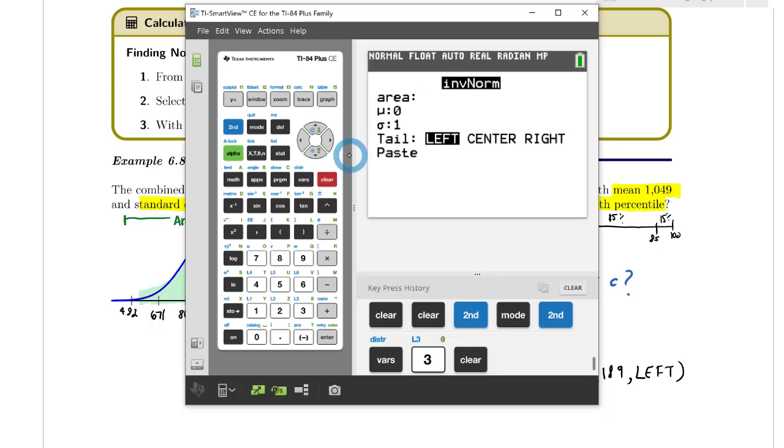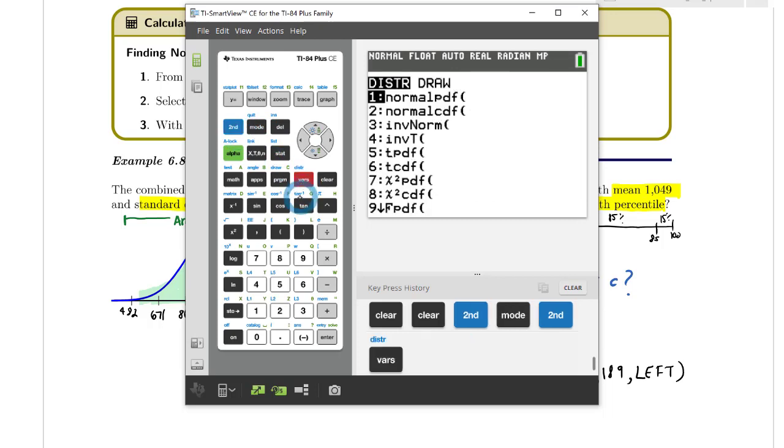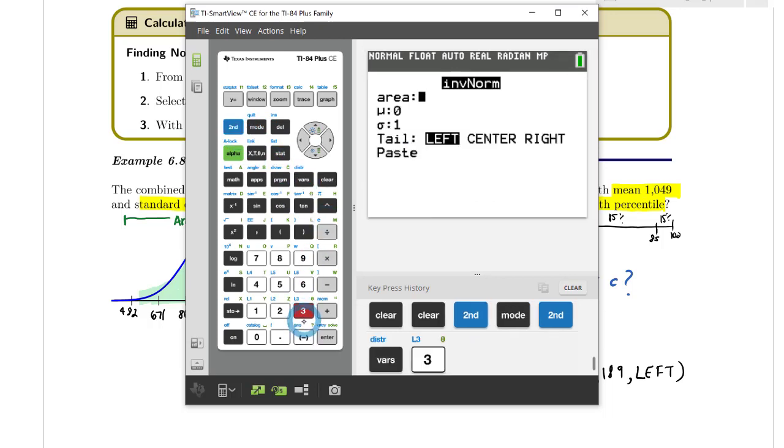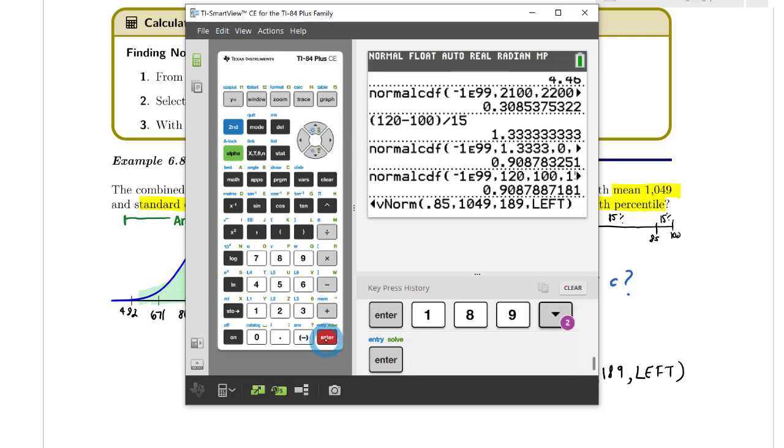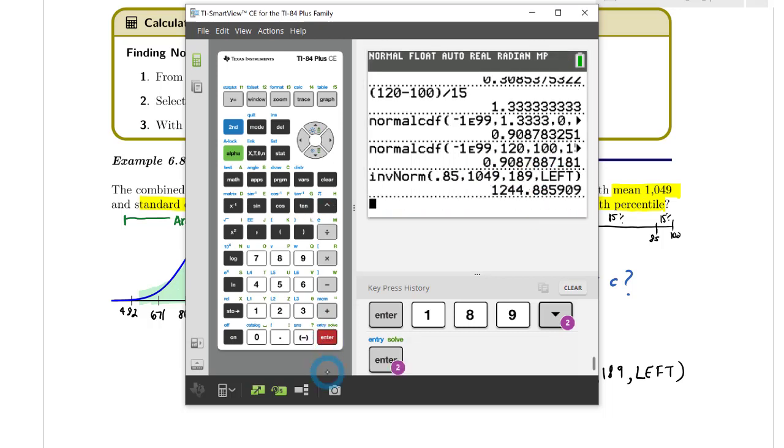We'll select second vars, invnorm is number 3. And we'll put the area as 0.85. The mean is 1049, and the standard deviation is 189. And my tail is on the left side. Hit paste. And so notice that this calculator in particular puts the left there, because you can choose where the area lies. So automatically it gives us the value only because we knew the distribution, right?